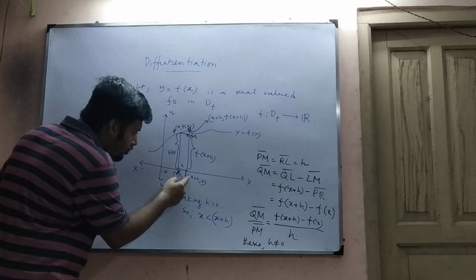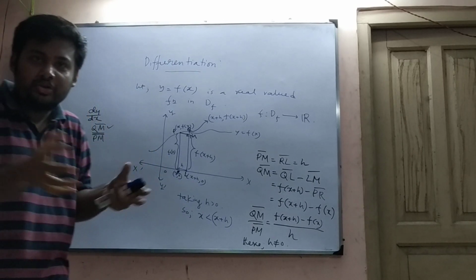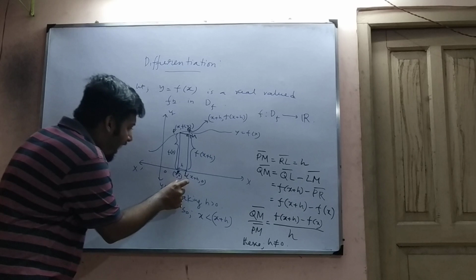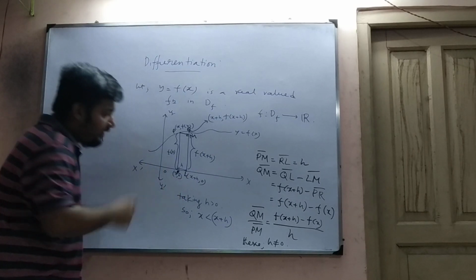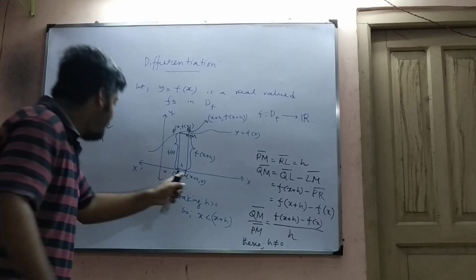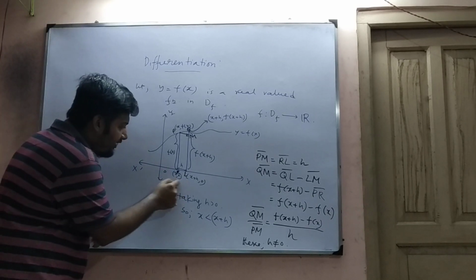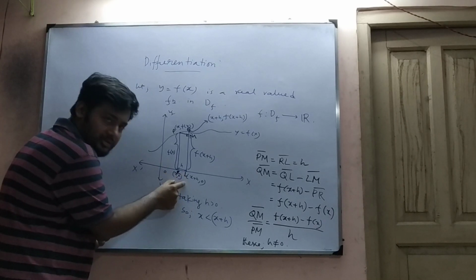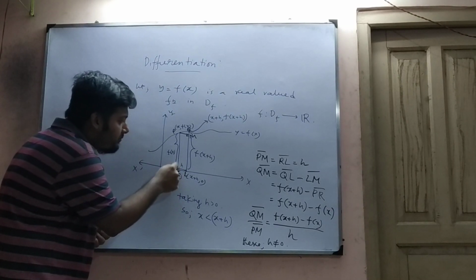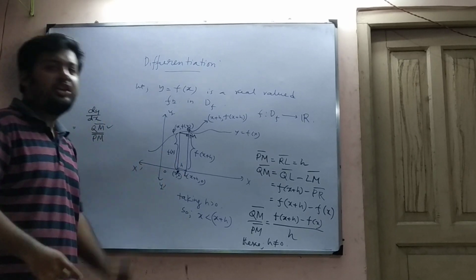Small change means these two points R and L, they are very close to each other. R and L, they are very close to each other, means h basically tends to 0, but still h not equal to 0.